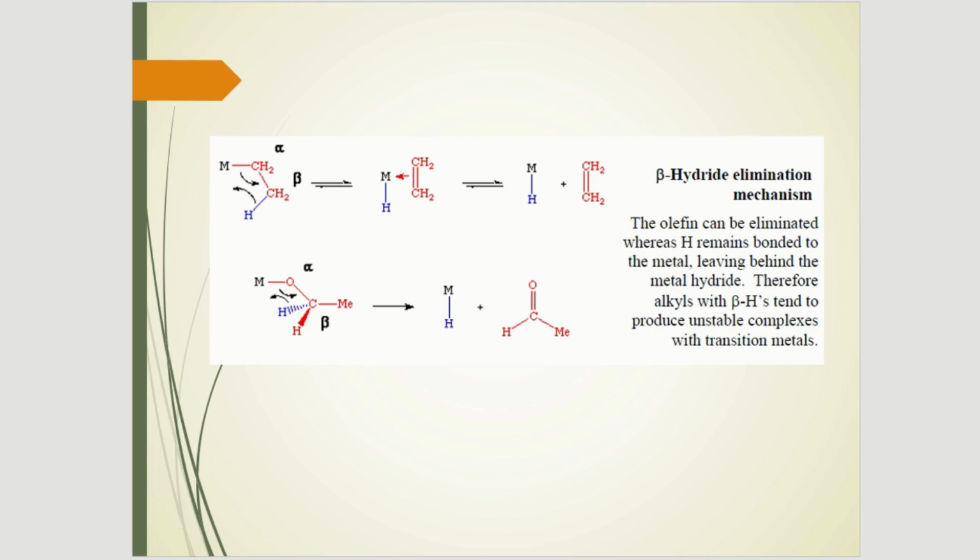After that, they leave behind the metal hydride. The metal hydride can form an unstable compound because they only have metal and hydrogen. Therefore, alkyl with beta hydride tends to produce unstable complexes with transition metals. So, to form stable complexes, the first thing we have to find is a structure or organic compound that does not have beta hydride.